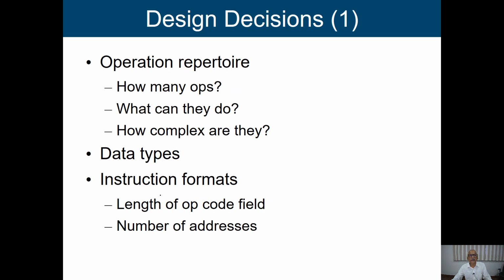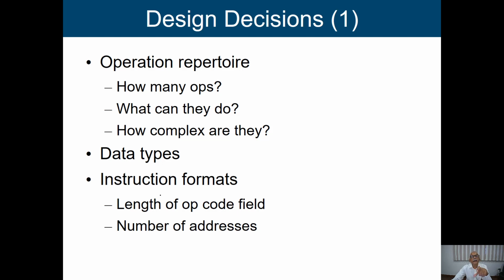Another design decision is, what will be our operation repertoire, or what is the instruction set, how many operations that we are going to implement in our machine. Then what can they do, what are the purposes of those particular operations, and how we are going to perform those operations, or how complex are they.